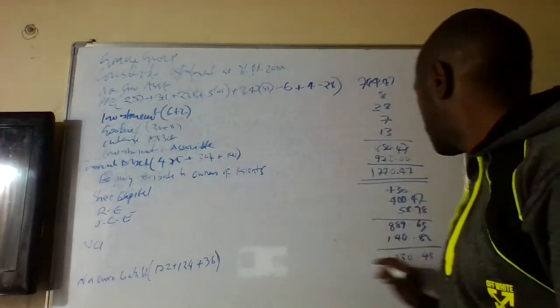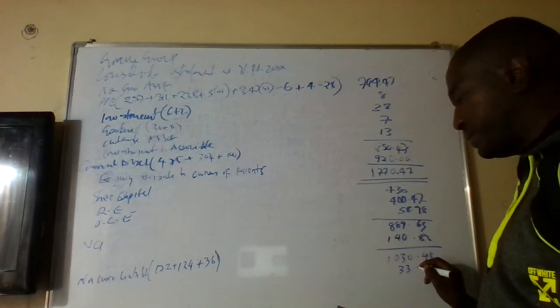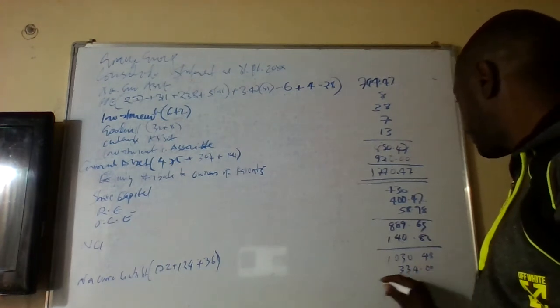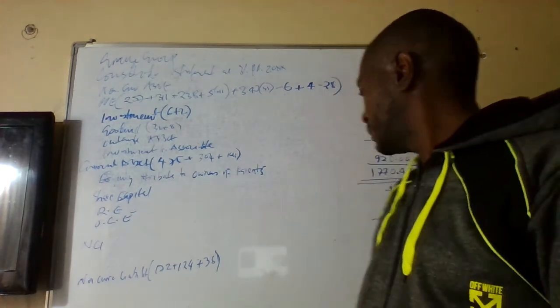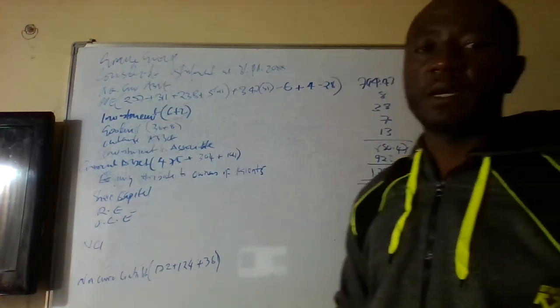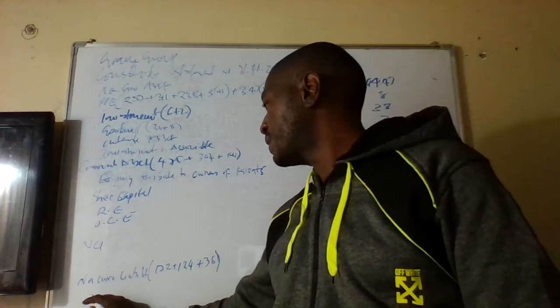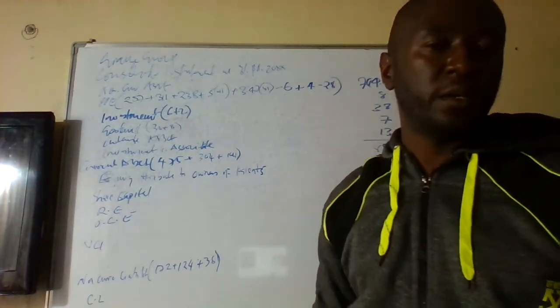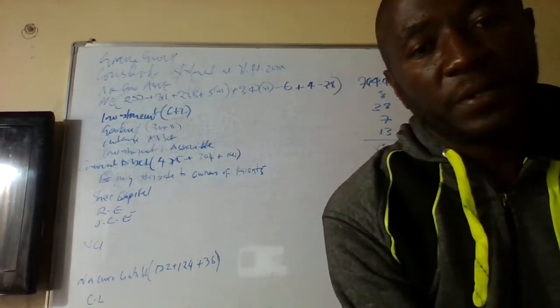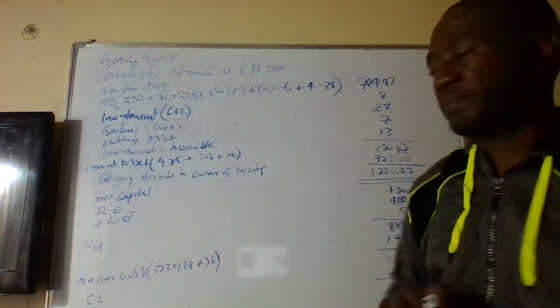Am I tired or what? What else do we have? We have current liabilities now. Current liabilities, trade payables, and then provisions.